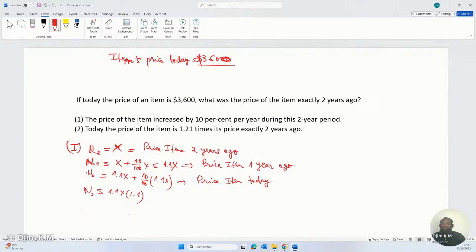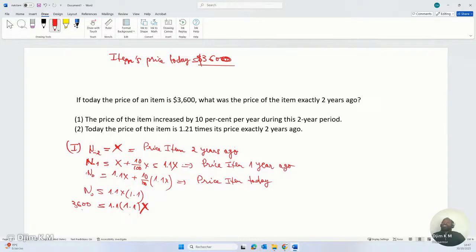Okay, so once we have determined that, we can say n0 is the price today. We have that in the prompt. And then we have 1.1 multiplied by 1.1 multiplied by x. So this will definitely allow us to determine the value of x.